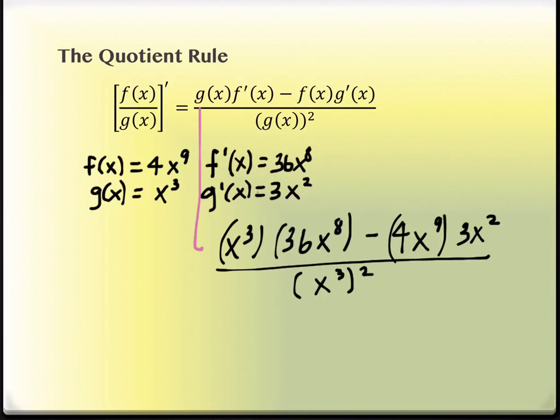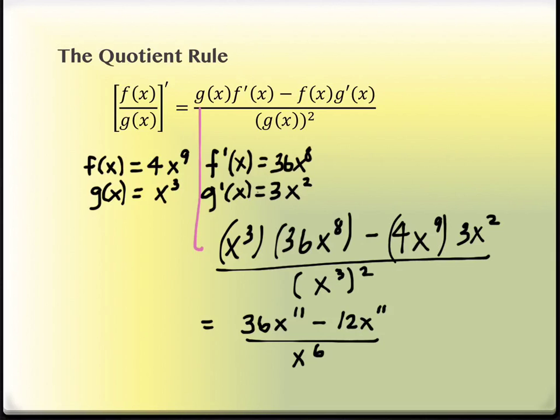We've got a lot of x's in here that we get to clean up pretty quickly. So 36x to the 8th times x cubed is what? 36x to the what? Yeah, x to the 11th, good. And then 4x to the 9th times 3x squared is what? 12x to the 11th. And this is all divided by x to what power? 6th.